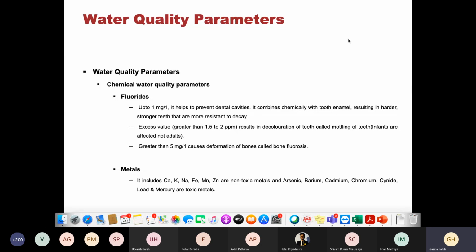In terms of non-toxic metals, there is a certain limit which is desirable. However, excess amounts of metal or metal oxide are not desirable because they impart color to water and cause other problems in water treatment.